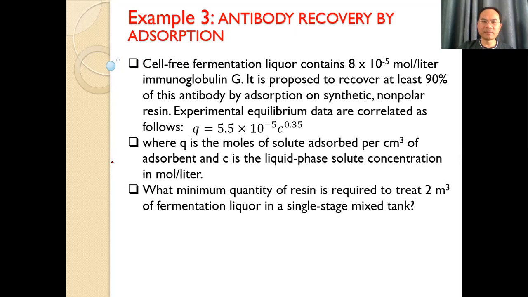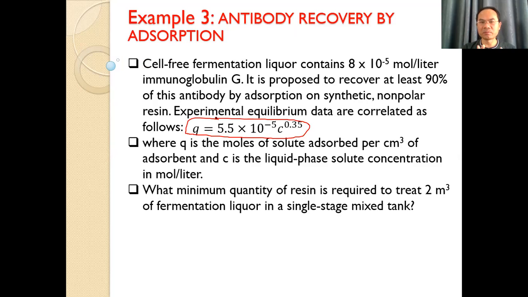This is the equilibrium isotherm, the relationship between Q and C at equilibrium. Q is the mole of solute per cubic centimeter of adsorbent, and C is the solute concentration in mole per liter.